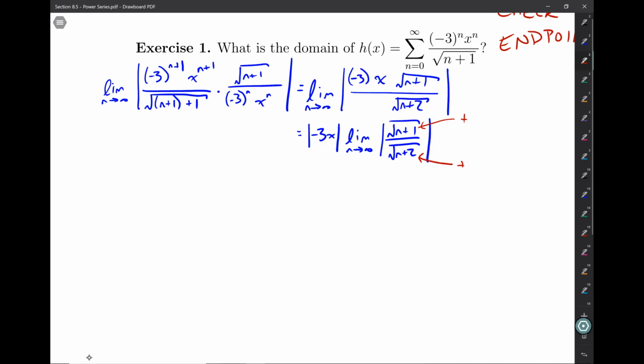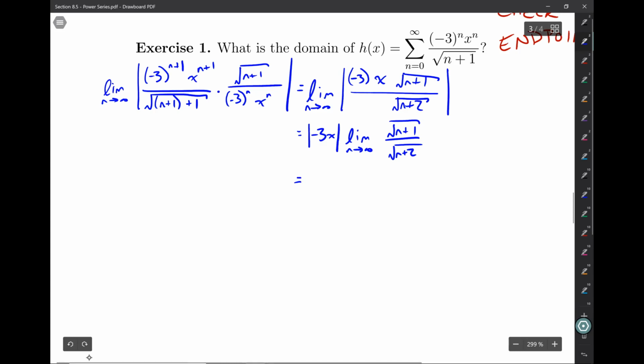If we take a positive number and divide it by a positive number, we get a positive number. So the absolute values don't affect this expression at all. So we can actually get rid of those absolute values. We don't need them, which is nice because it allows us to actually utilize information about limits.